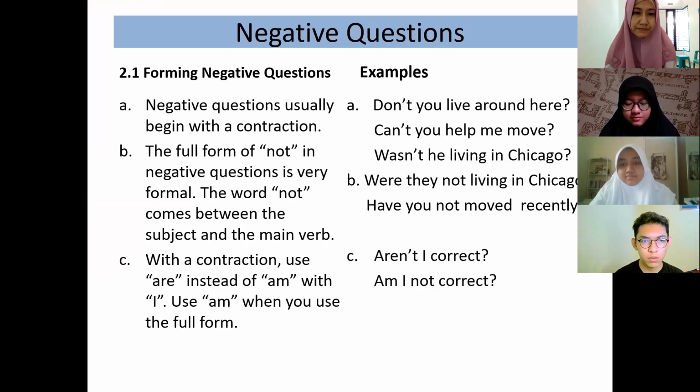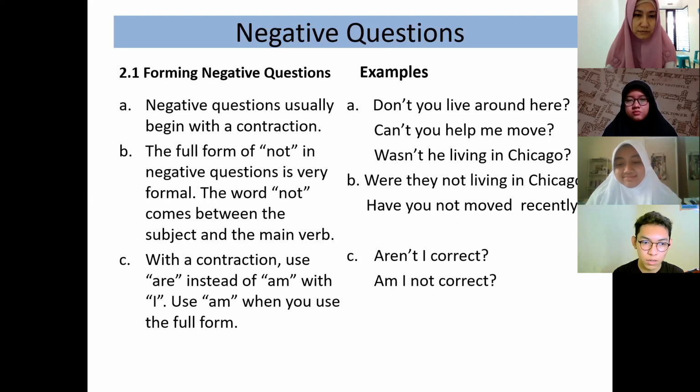2.1. Forming negative questions. A. Negative questions usually begin with a contraction. Examples: Don't you live around here? Can't you help me move? Wasn't he living in Chicago? B. The full form of not in negative questions is very formal.